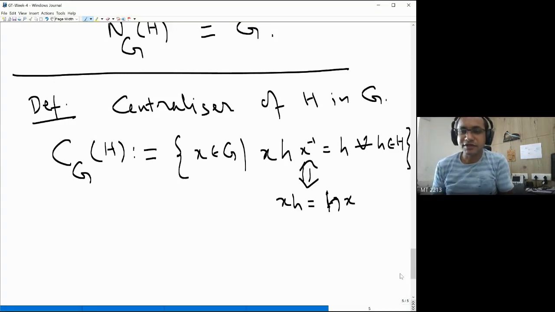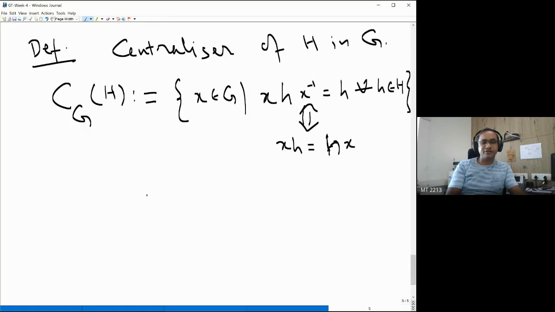Yeah, the centralizer consists of all those elements which commute with every element of H, point-wise in some sense, right? Unlike in the normalizer, where it can actually permute. X h X inverse doesn't need to be h. It could be some other h dash or something. That is the normalizer definition. It's always good to compute some examples and practice this.